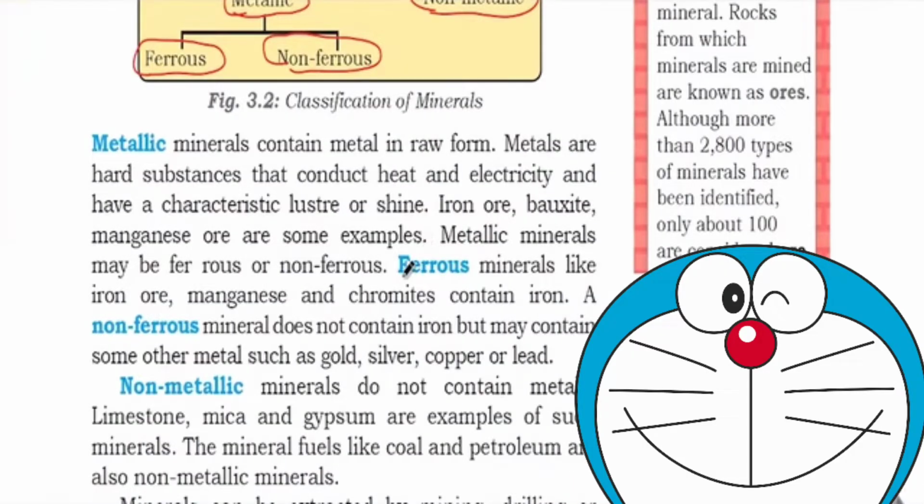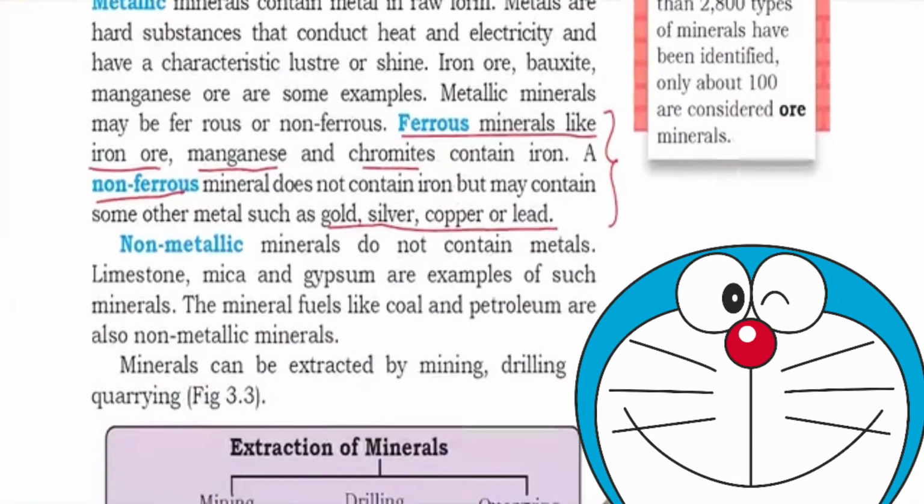When we talk about ferrous minerals, we are talking about iron ore, manganese and chromite. And when we talk about non-ferrous, we are talking about all other metals such as gold, silver, copper, lead. So this is important. In prelims they may ask you, a rare possibility, but it's still important to see once.